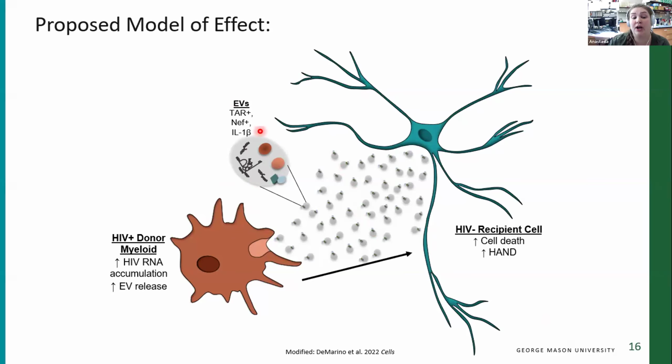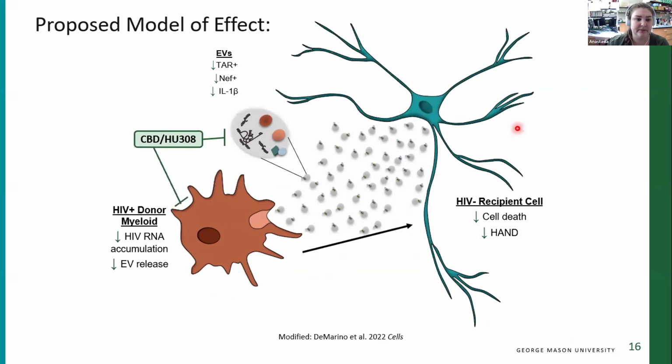These EVs are carrying viral TAR, NEF, and IL-1 beta, which can go on to recipient cells, which can be our neurons or astrocytes or other cells within the body, increase cell death, and in the case of HAND, increase more of the symptoms that we attribute to HAND.